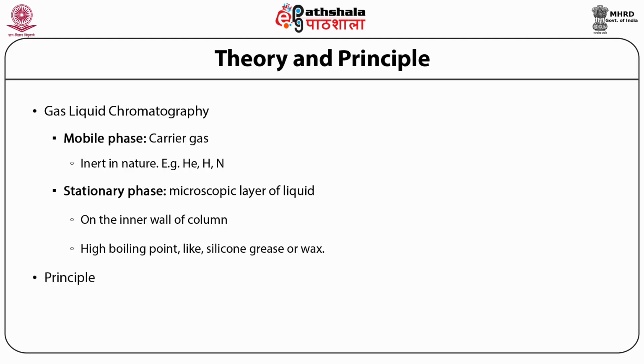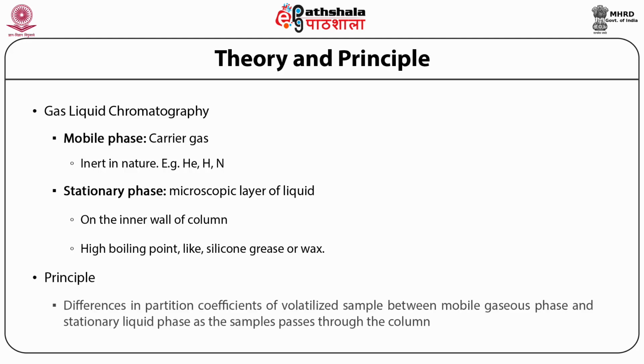The basic principle in gas liquid chromatography is that it exploits the differences in partition coefficients of the volatilized sample between the mobile gaseous phase and the stationary phase as the sample passes through the column.